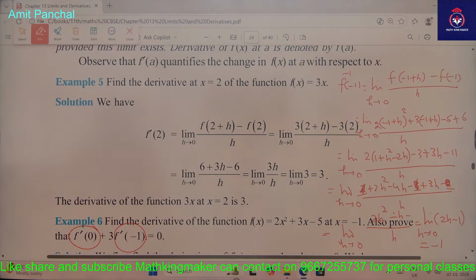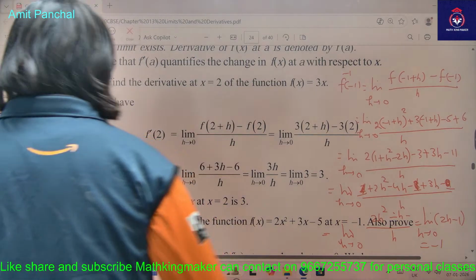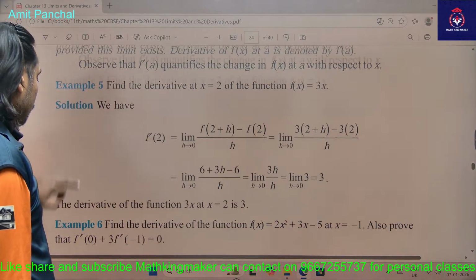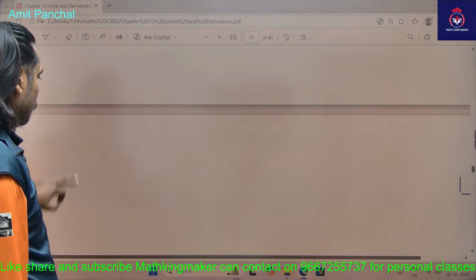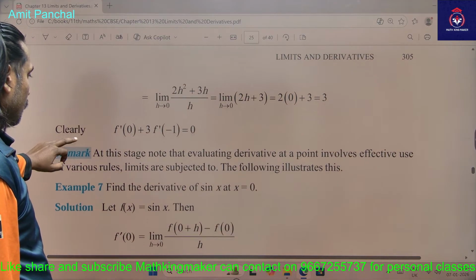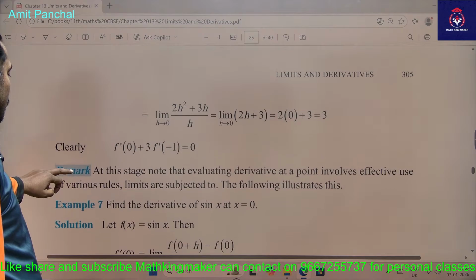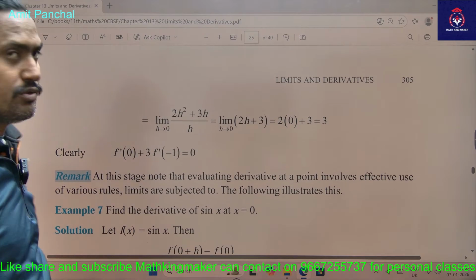Sir, got it, sir. Okay, now do the next one. Yeah, this one. Find the derivative of sin x at x equal to 0.